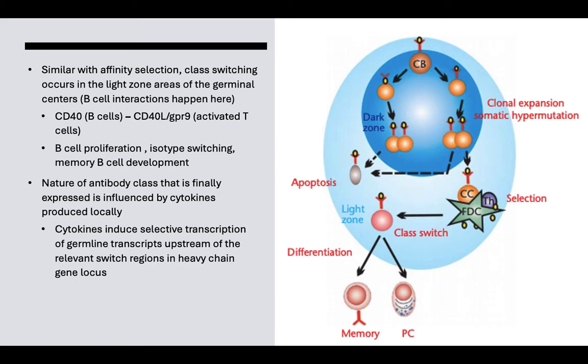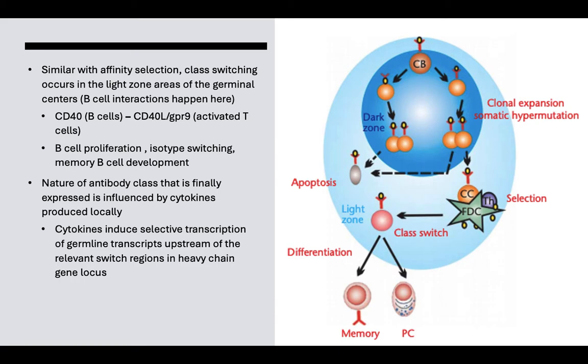Then the nature of the antibody class will finally depend on the cytokines that are produced. So you can think of class switching, or essentially the production of antibody, as an event that is affected by multiple factors, no, or multiple processes.